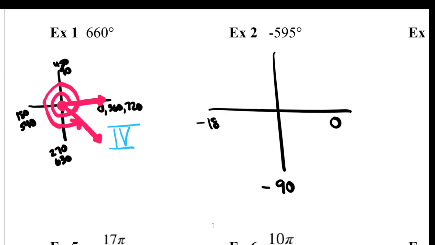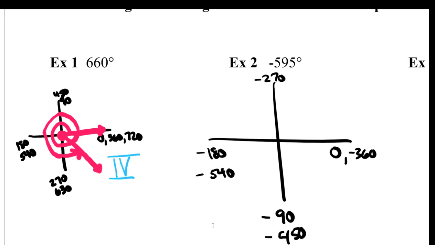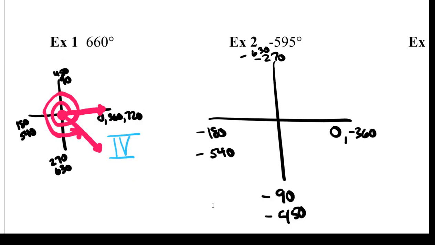On the left, we'll still have negative 180, but at the top of the y-axis, we'll have negative 270. Now, I still haven't gotten close to 595, so I need to keep going: negative 360, negative 450, and then negative 540. I'm getting closer. If I add another negative 90, I'm at negative 630. And if I go one more time, I'm at negative 720.